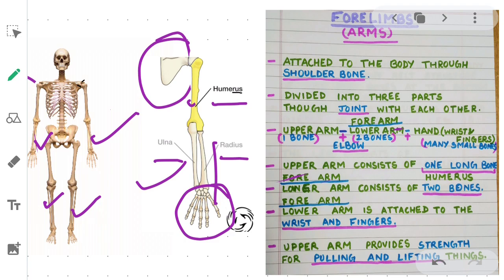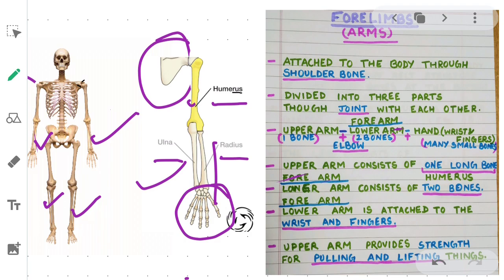The forelimbs are divided into three parts. The upper arm, which is made up of one long bone, and this one long bone is called humerus. Below the upper arm is the lower arm, which is made up of two bones, ulna and the radius.